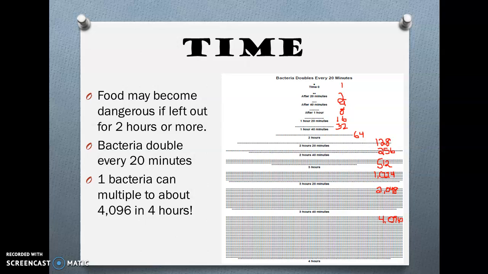So if bacteria is doubling every 20 minutes, this means more and more bacteria is growing and multiplying on your food. In just 4 hours, one bacteria can easily multiply to 4,096. That's a ton of bacteria. Bacteria on our food, we obviously know, equates to food that can cause us illness. It can make us sick.